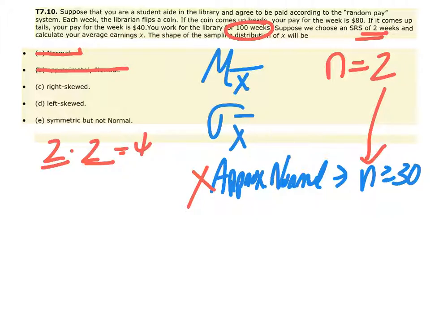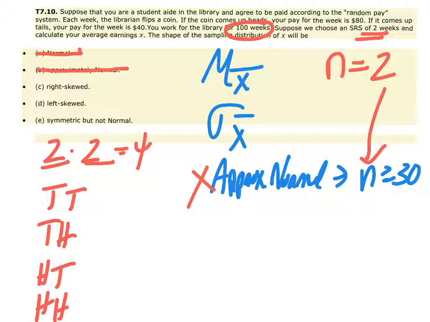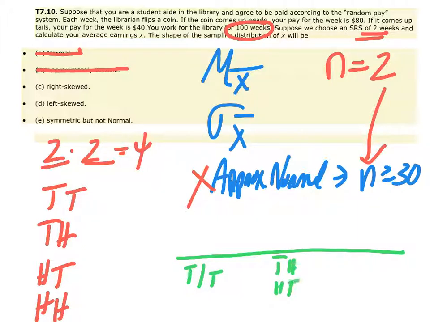The outcomes that could be flipped would be tails and tails, tails and heads, heads and tails, and then heads and heads. So if you were to sketch this in a real crude format, maybe making a dot plot, what about the combination of tails, tails, tails, heads, and heads, tails is going to be the same output for that one, and then heads, heads.